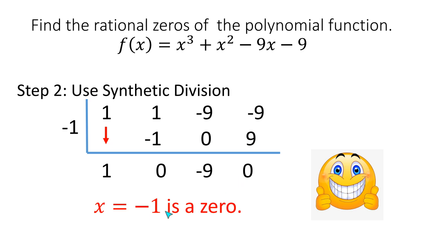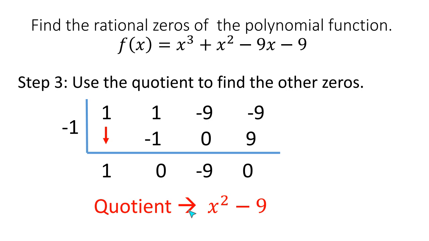Why? Because it tells us that x equals -1 is a zero. And now we can take our quotient. So since we had x cubed, we're going to start with x squared. So this one will be x squared. There's no x. And then my constant is -9.